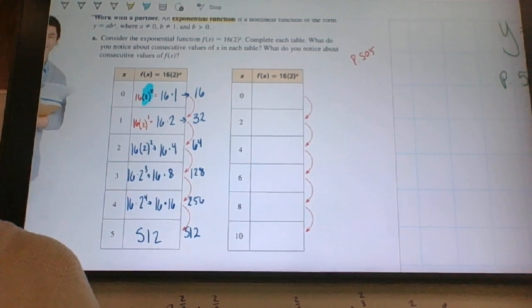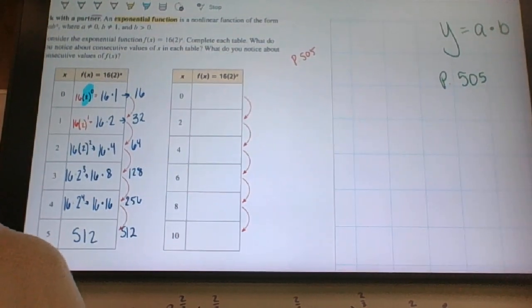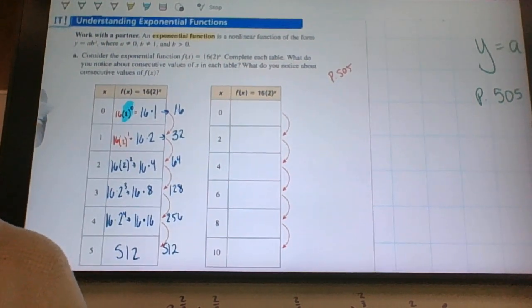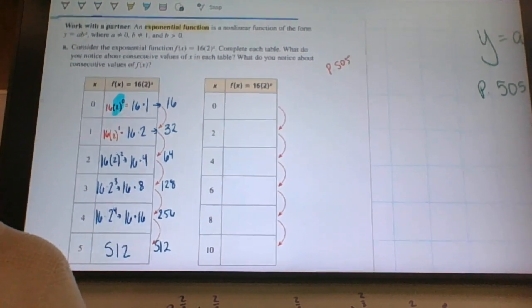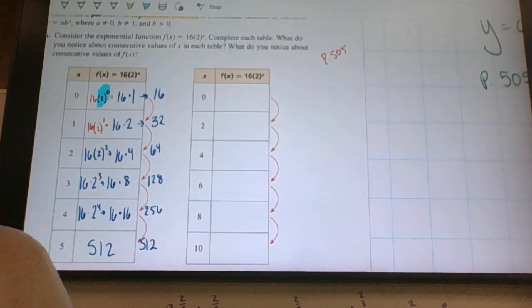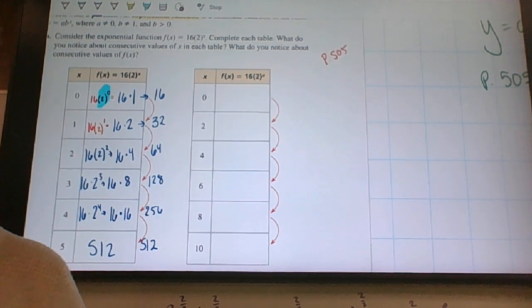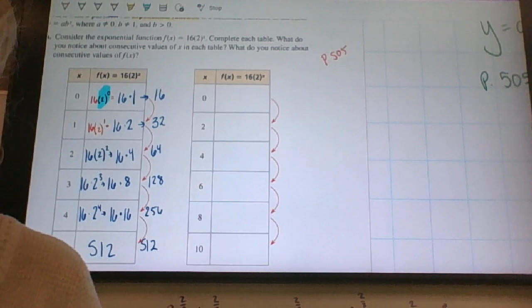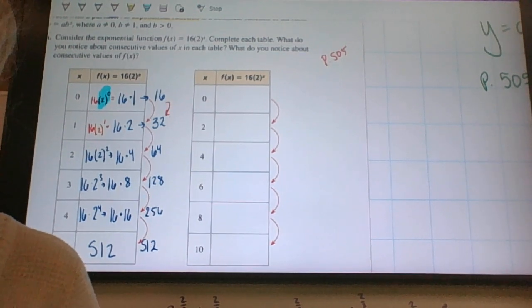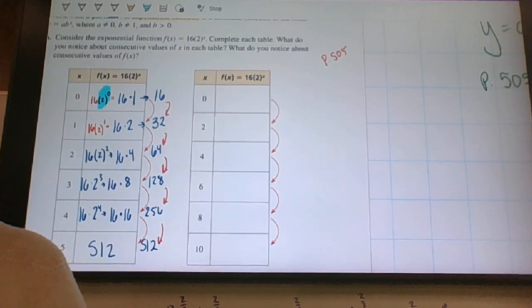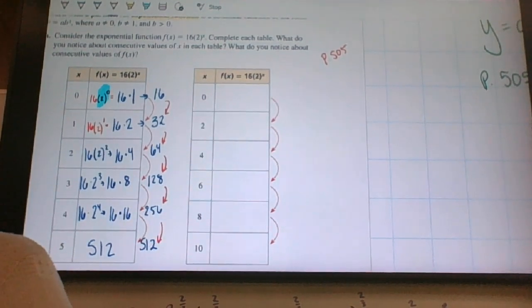So let's just take notes on paper for now, okay? All right, guys. So how are the values changing in the first table? What's the pattern?